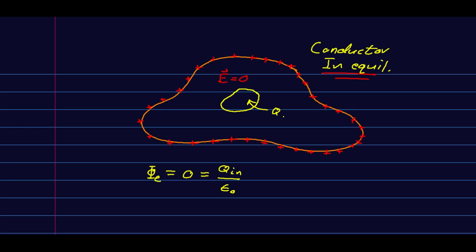So right there we see, by a quick little argument, that all of the charge on a conductor in equilibrium must be out on the surface. None of it can be inside, because the E field being 0 and Gauss's law tells us that the charge inside any surface we draw in here is 0.